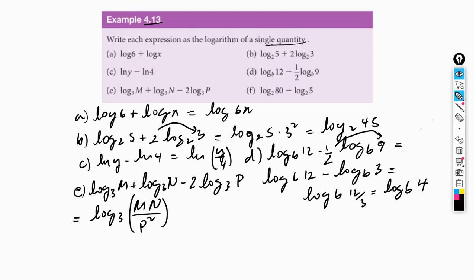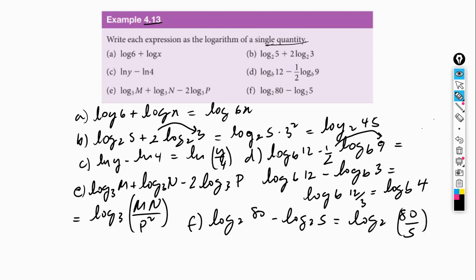And then finally we have F, which is log base 2 of 80 minus log base 2 of 5. And this is going to equal log base 2 of 80 over 5, which is equal to log base 2 of 16. And this is going to equal 4, because 2 to the power of 4 is equal to 16.